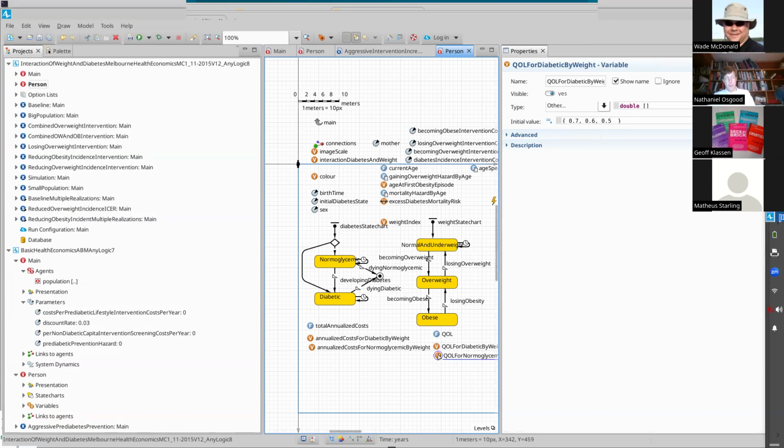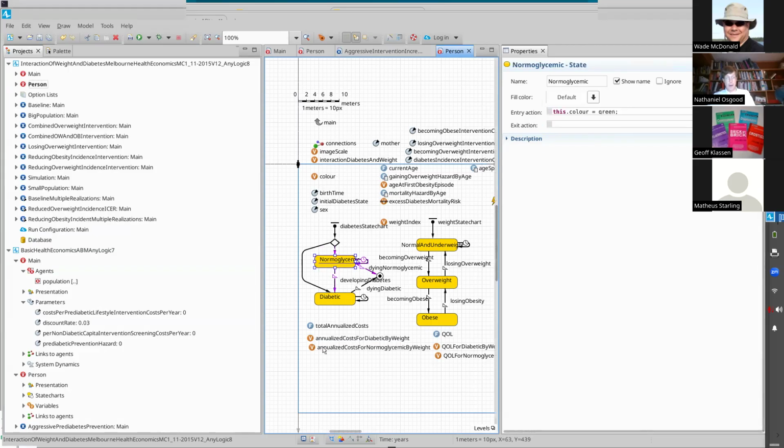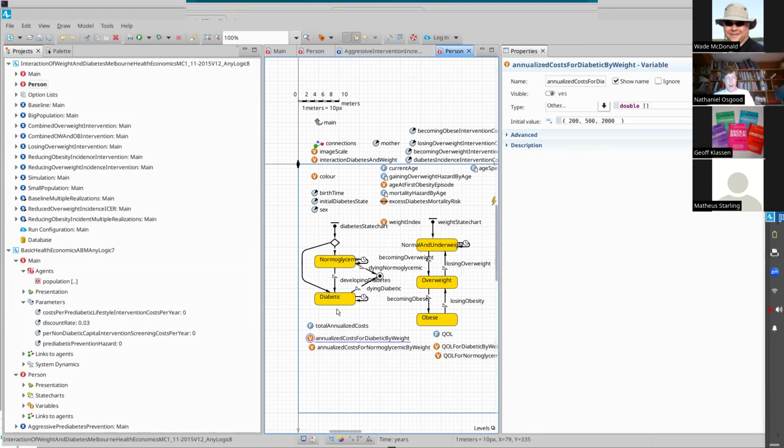So you'll notice they're different, because the quality of life people have for different levels of weight is considered different among diabetics than normal glycemic individuals. And similarly, the costs borne for different weight status, successively normal and underweight, overweight, obese, are different if they are diabetic. The costs borne by this are different.